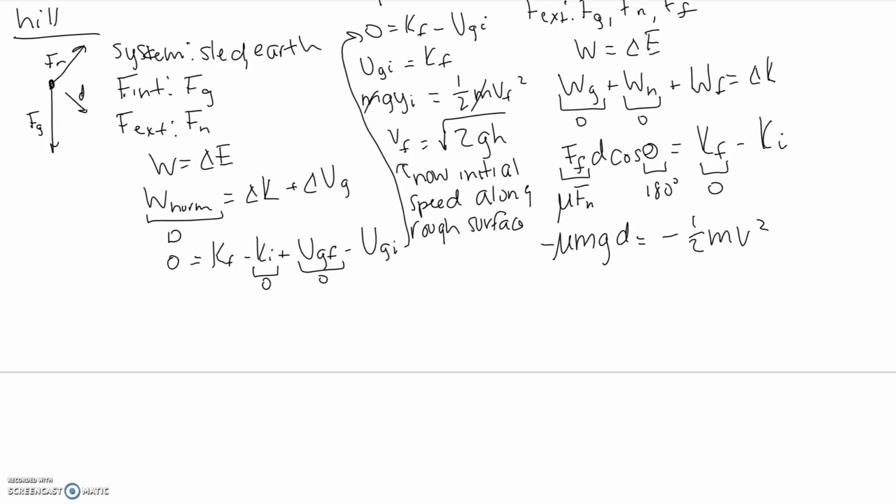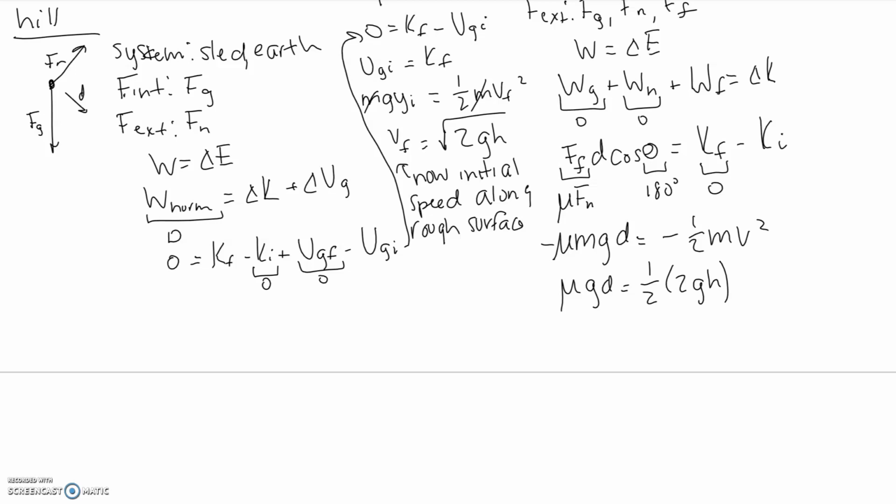I'm going to plug in my expression for the speed. Speed is the square root of 2gh, so v squared is just going to be 2gh. So we have mu m g d is equal to 1/2. Oh, our m's cancel out. So negative mu g d is equal to negative 1/2 v squared, so it's 1/2 times 2gh.